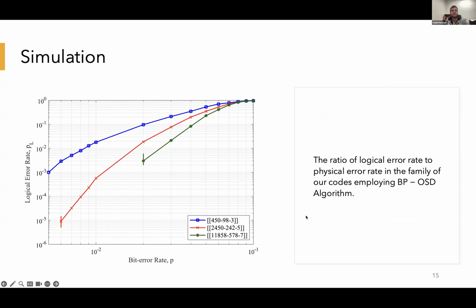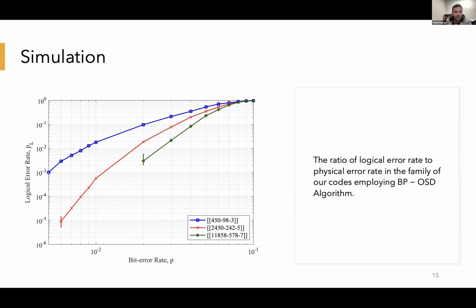For this simulation, firstly, we must find the parity check matrices of the quantum code, for example HX and HZ, for each quantum code. And we send these parity check matrices to the BP-OSD algorithm to find the logical error rate.